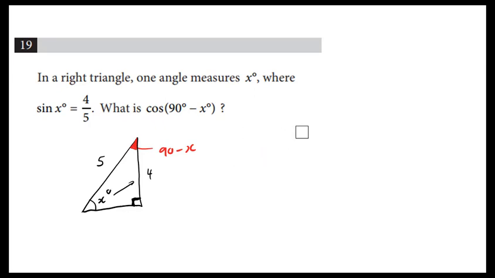Okay, so I'm after cos of 90 degrees minus x degrees. So this is the angle now, and the cos is adjacent on a hypotenuse. So cos of 90 degrees minus x degrees is equal to the adjacent over the hypotenuse, which is just again 4 on 5.